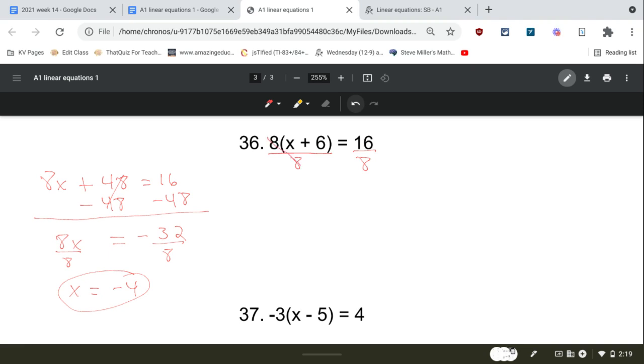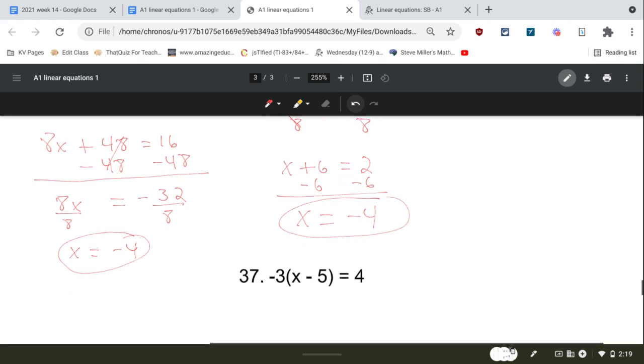So 8 divided by 8 cancels, and you're left with x plus 6 is equal to 2, 16 divided by 8. And then you just subtract 6 from both sides, and there you have it. 2 minus 6 is also equal to negative 4.